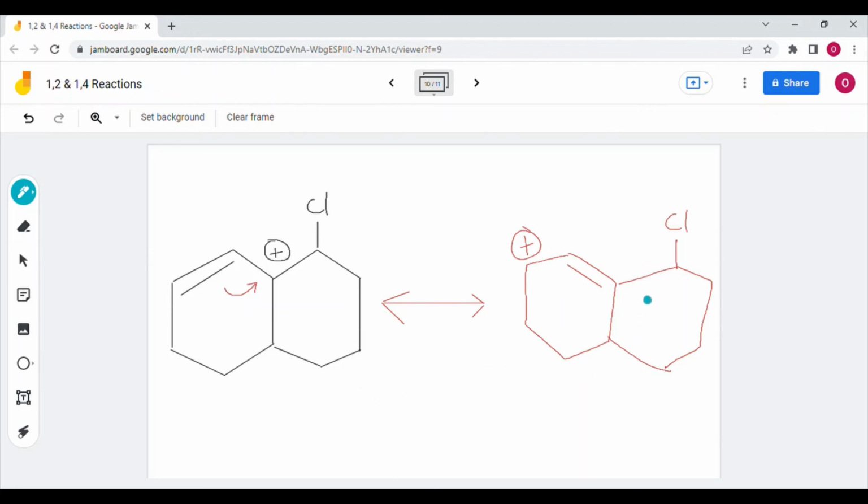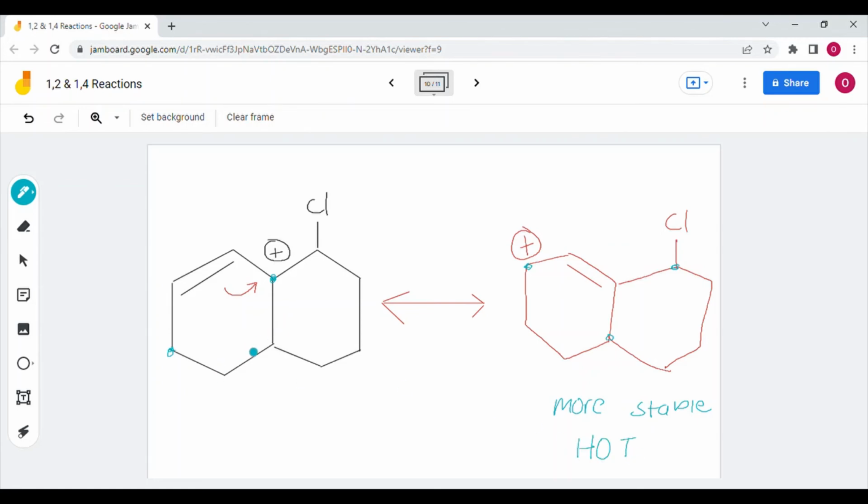And the answer is this one. The reason for this is because, as I mentioned earlier, this double bond is adjacent to 3 carbons, whereas this one is adjacent to only 2. So because of this, this is going to be the more stable product, which, as we know, is going to be thermodynamic, and thus this is going to be under hot conditions.